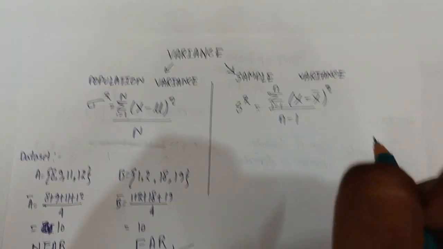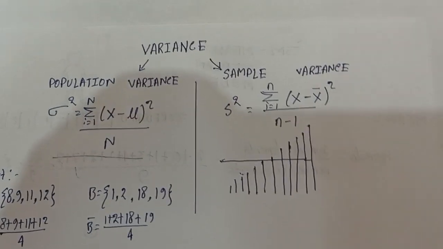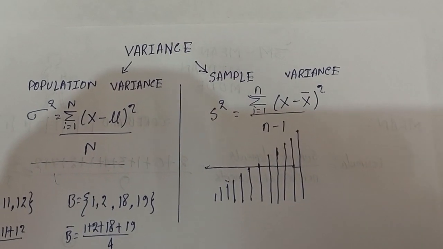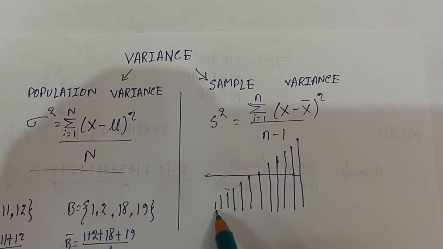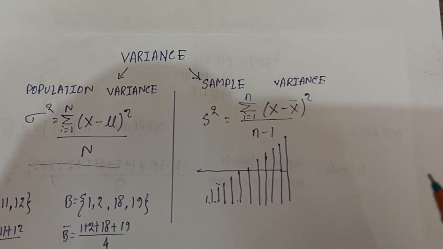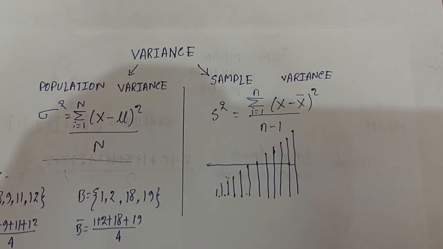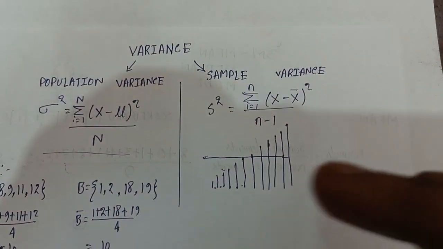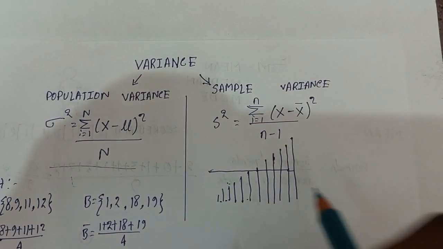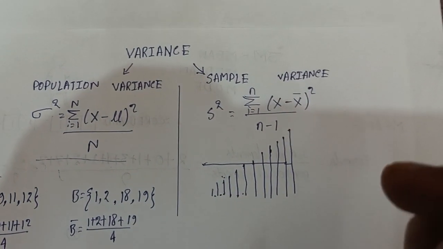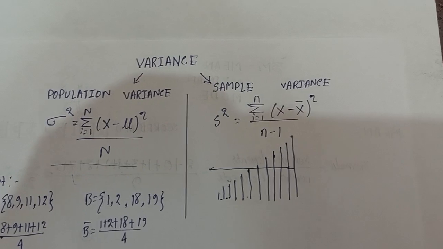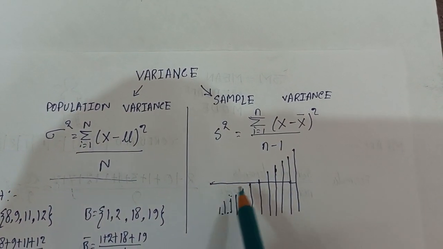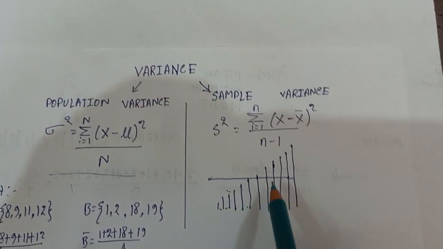I have taken a very good example. Here I have 12 pencils, and according to their height I have arranged them. After arranging them, I calculate the mean of their height, and I have drawn a line for their mean.